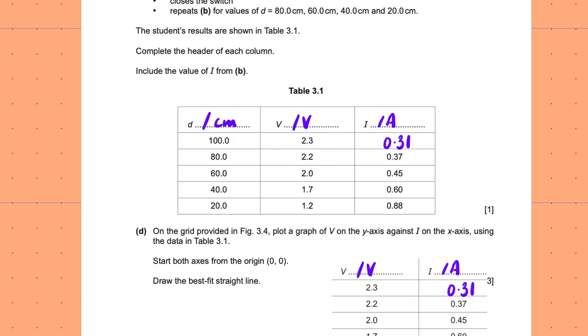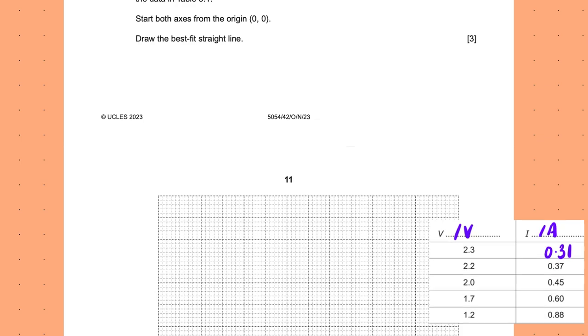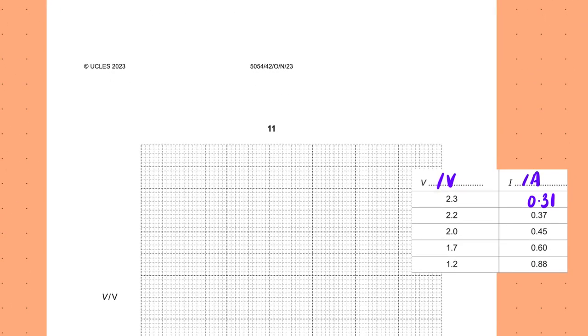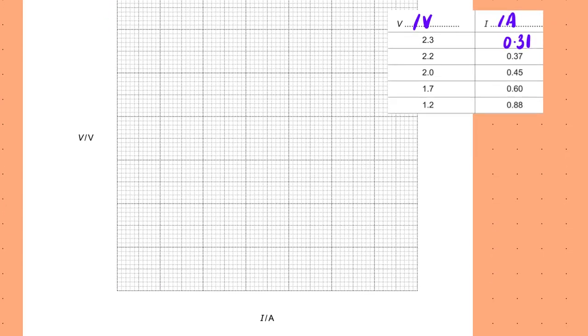So these are our values here. Again, always in O levels, you will have to start your graph from 0, 0. V is on the y-axis. Let's label this. So this is on the y-axis, V in volts, and x-axis is current in amperes.